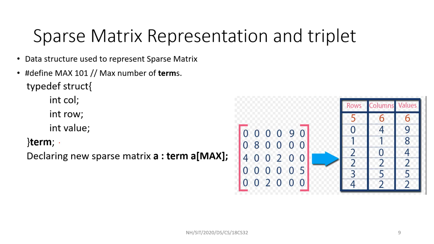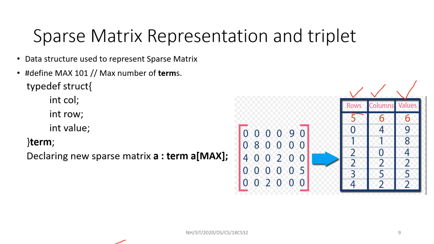If this is a sparse matrix, we need a triplet representation. This is an important representation. It holds three pieces of information: row, column, and value. In this sparse matrix, how many rows are there? 1, 2, 3, 4, 5 rows.